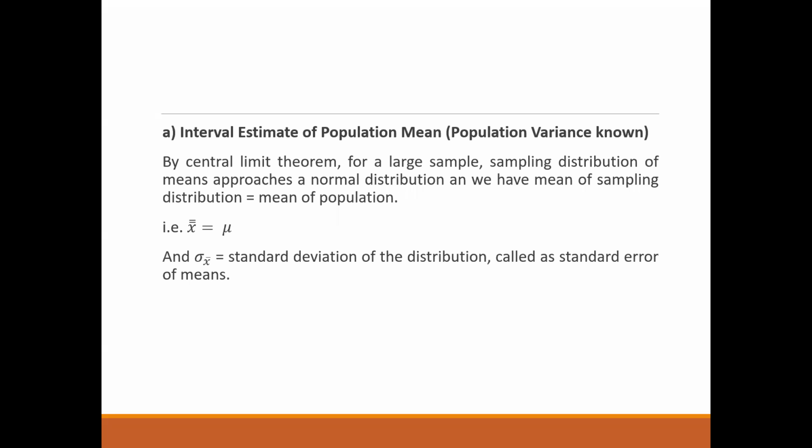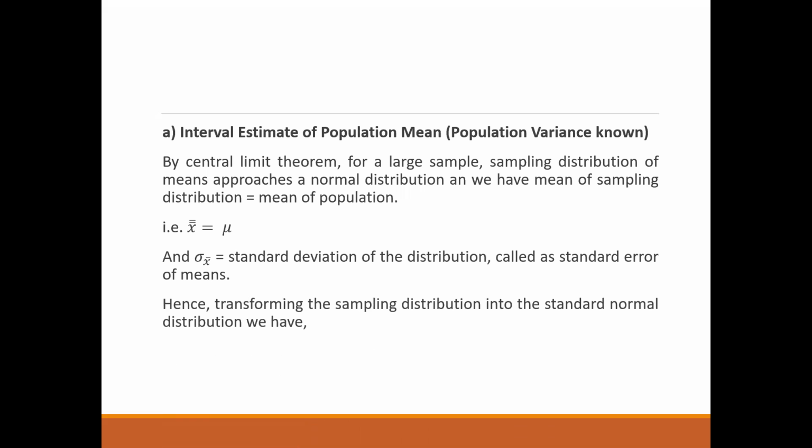We can transform the sampling distribution into a standard normal distribution with the function z. Z is equal to x bar minus mu divided by sigma x bar, because now the standard deviation of the distribution is taken as sigma x bar.